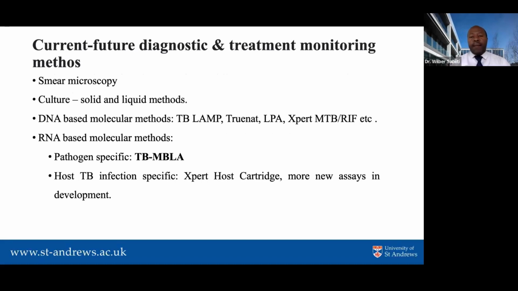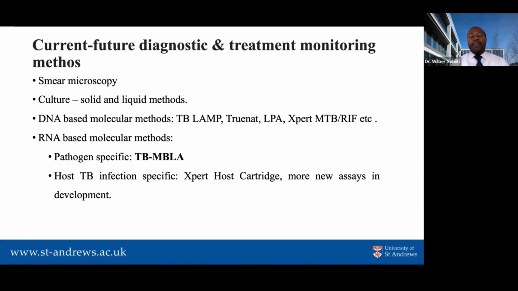So there are a number of diagnostics that are available for tuberculosis, and some of them double as diagnosis and also treatment monitoring. Smear microscopy is one which is used for diagnosis and at the same time for treatment monitoring. Culture, both solid and liquid, can be used for diagnosis and at the same time for treatment monitoring.